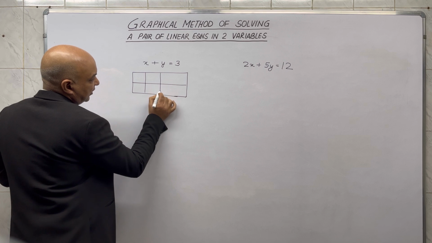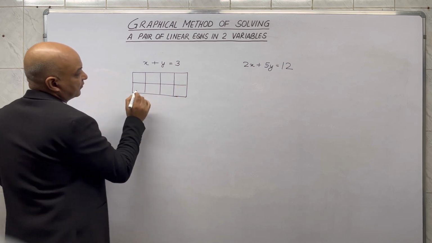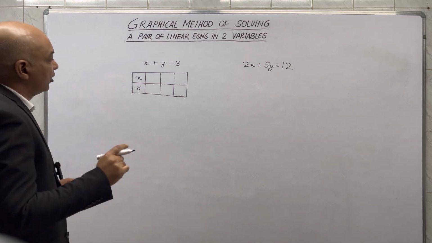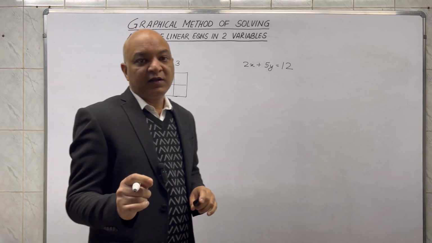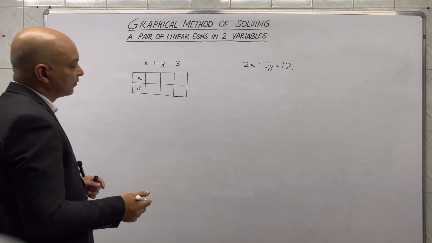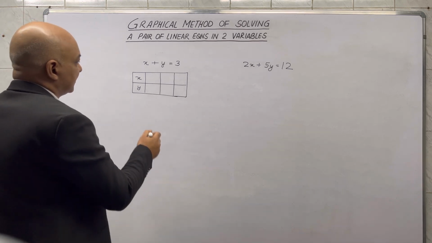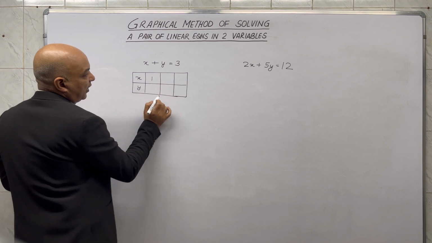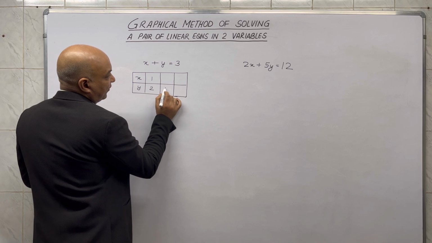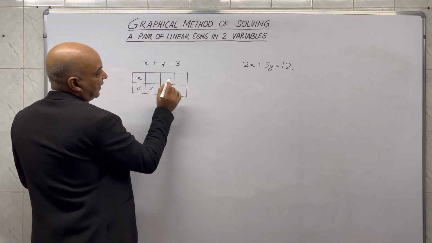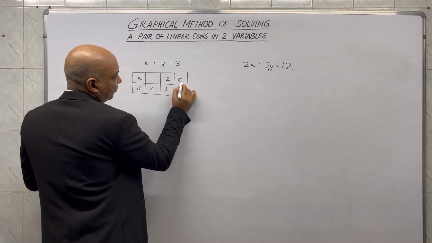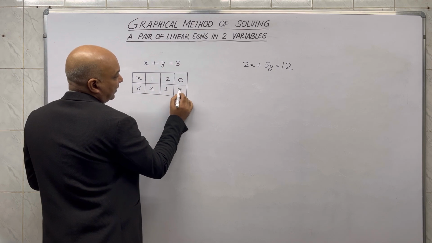You have to choose at least three values to get a proper line, and you also have to make sure that you choose only integral values so that they are easy to plot. For example, in this case, if I take x equal to 1, I get y equal to 2, and if I take y equal to 1, then I get x equal to 2, and finally I may take x equal to 0, so I will get y equal to 3.